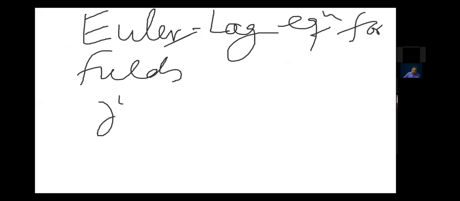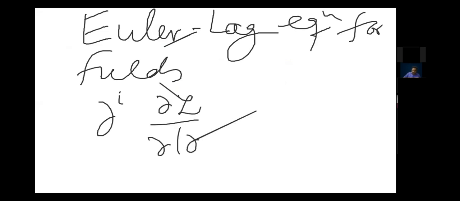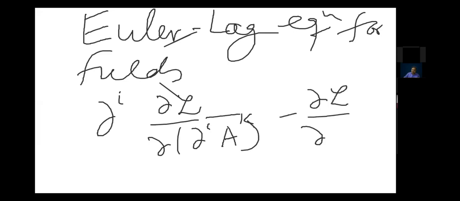But if you use the same, it will be del I, and then of course this. Okay, minus del L by del AK. Please see the straight lines are coming. They are not part of my writing. They are because of some difficulties in using the stylus on my notepad. So they're like AK, and it is equal to 0.